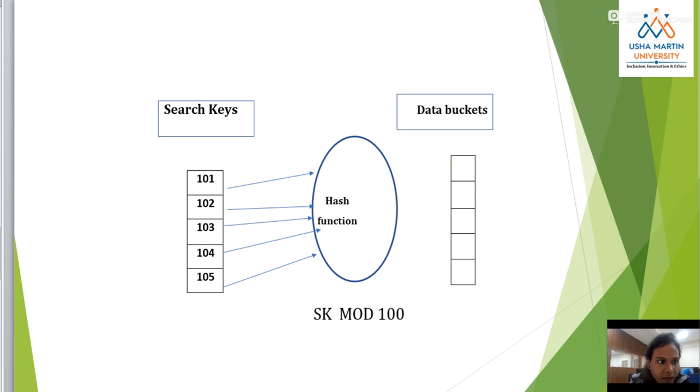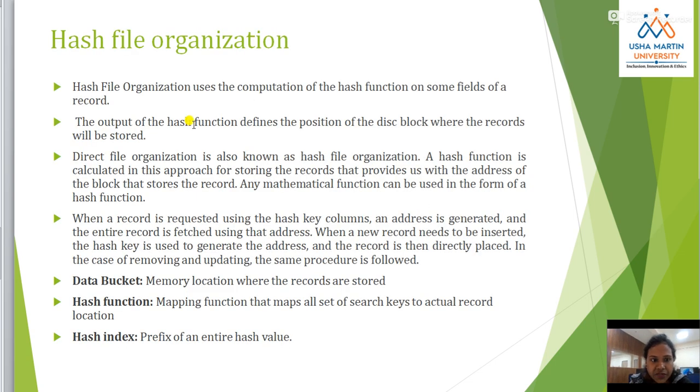So this is the hash file organization technique. It is also known as direct file organization or hash file organization. A hash function is calculated in this approach for storing the record, which provides us with the address of the block.